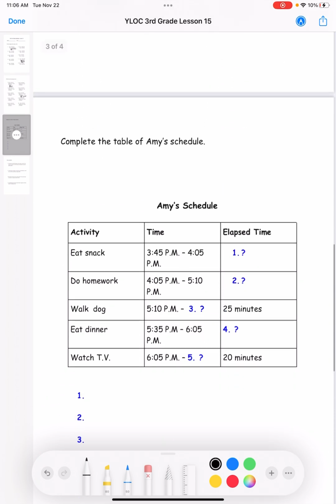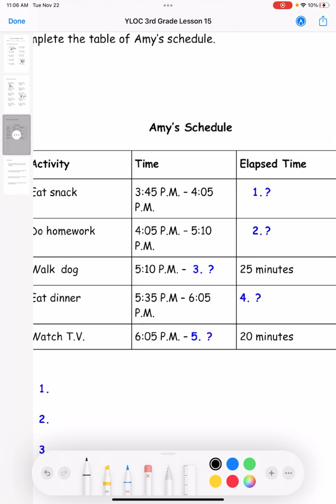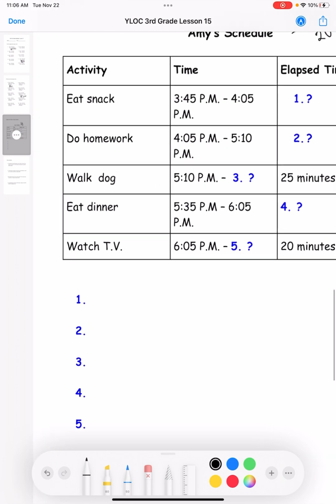Okay. Next we have complete the table of Amy's schedule. So for number 1, we can just subtract and we get, so for number 1, the elapsed time is 20 minutes.